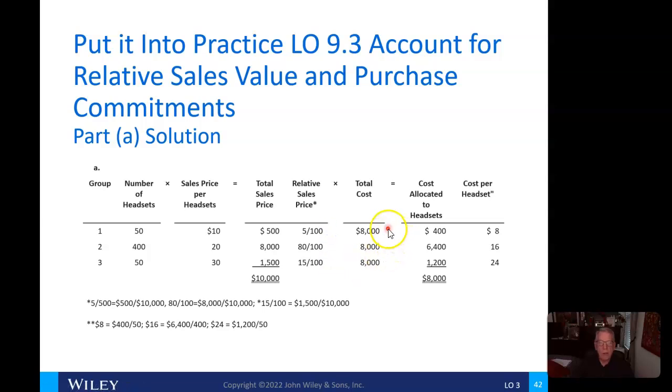And the total cost of $8,000. And then we'll multiply through 8,000 times these relative sales prices, effectively percentages. And that will give us the cost allocated to the headsets here. Then we can divide through by the number of headsets to get the cost per headset. Pretty straightforward there.